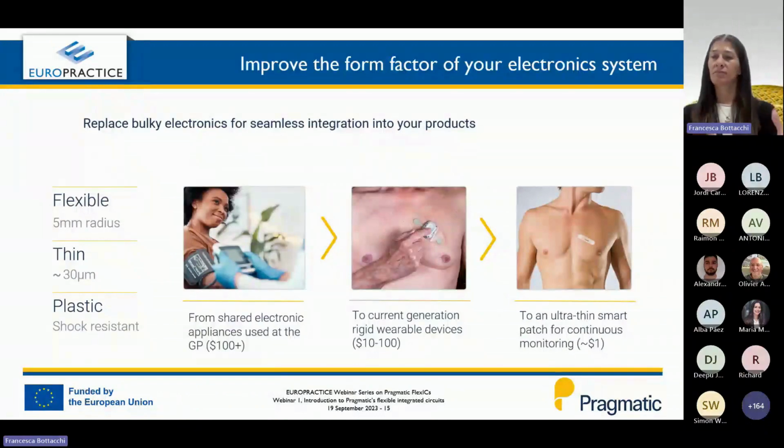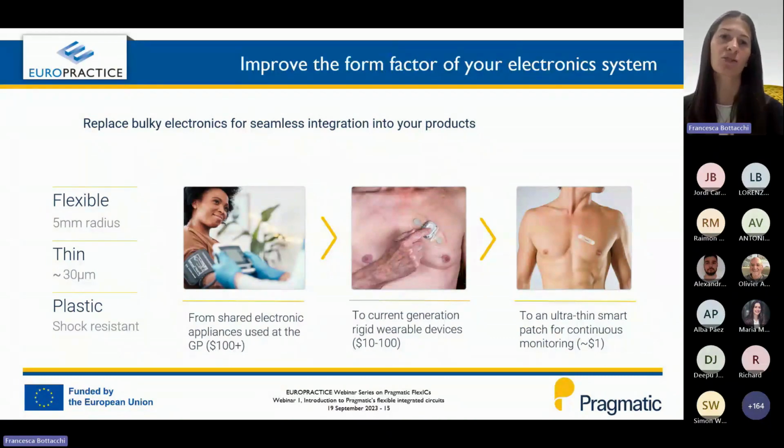design are, for example, in healthcare, where with the flexibility, the thinness, and the plastic material, you can improve the form factor of the device.